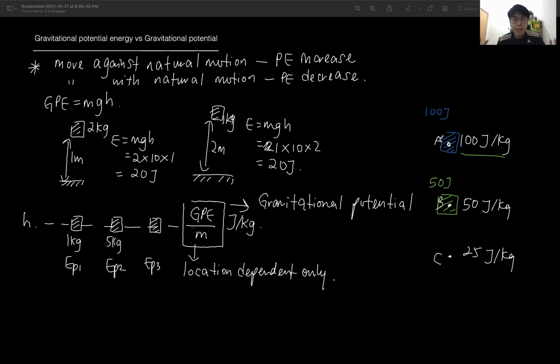Nothing. There's no body there, so there's no gravitational potential energy. Remember, gravitational potential energy is stored in a body. If you do not place anything at that point, then nothing happens. There's no outcome. It remains as just a location, and it only tells you information, how much you're going to gain here. So that is the difference between gravitational potential and gravitational potential energy.